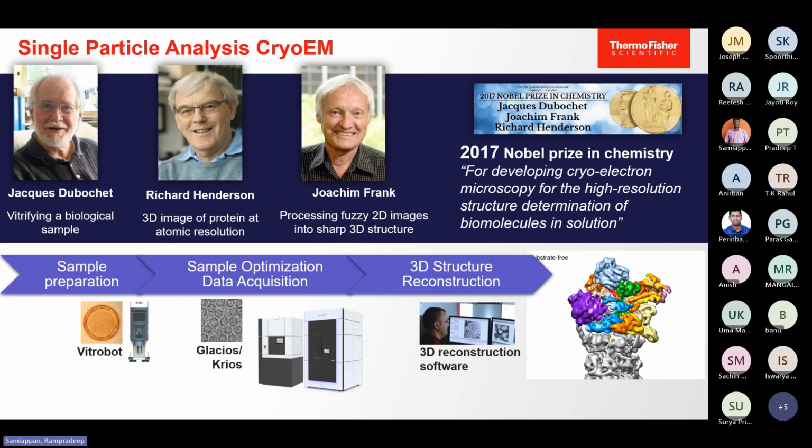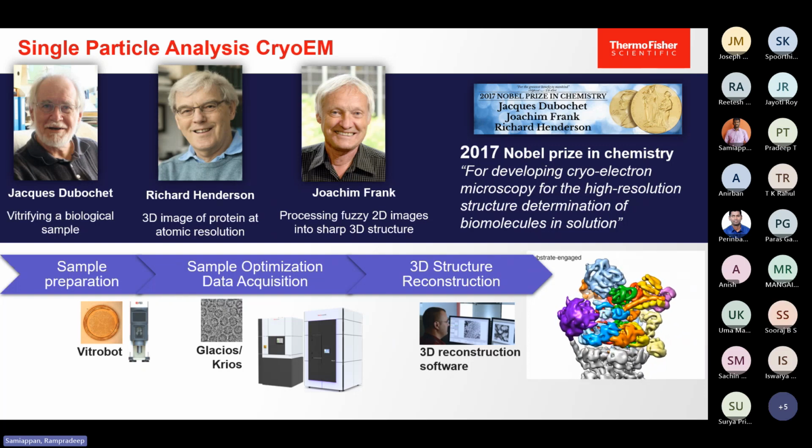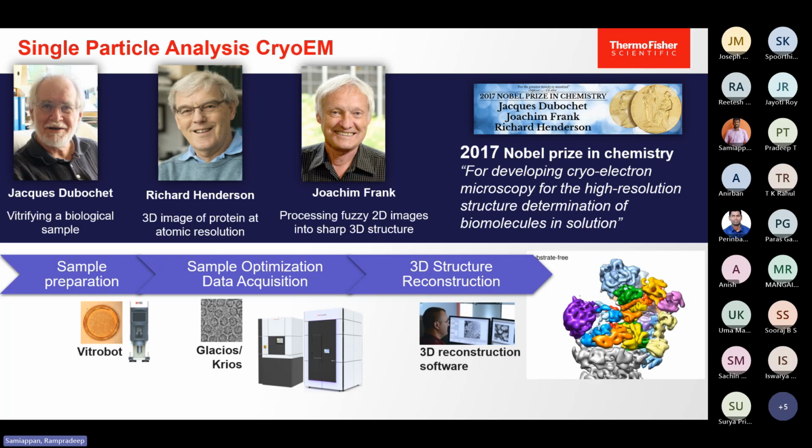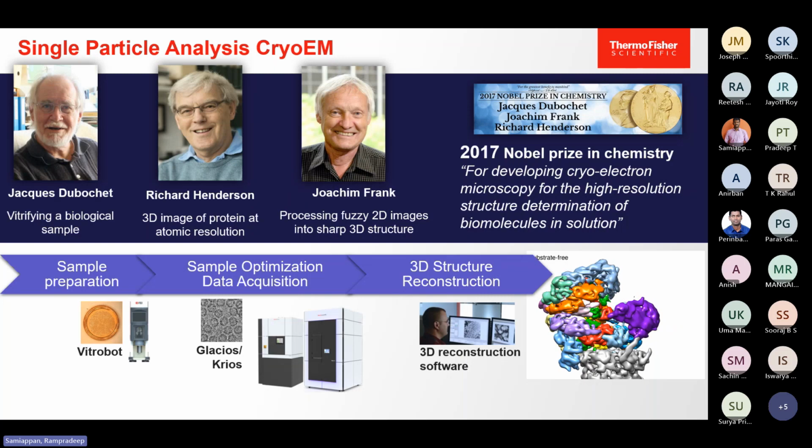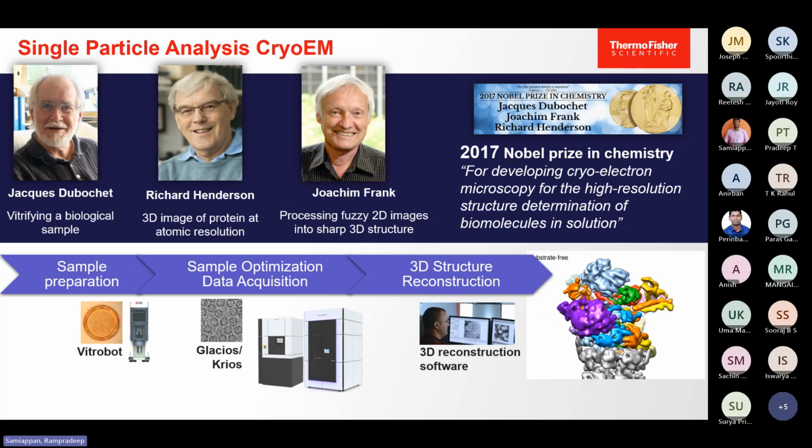So for cryo-EM as a whole, there was a resolution race in 2000, since 2007 or even before that. Before 2000, X-ray crystallography probably played an important role in determining crystal structures of biological samples. But slowly, after 2007, cryo-EM took an advanced step.